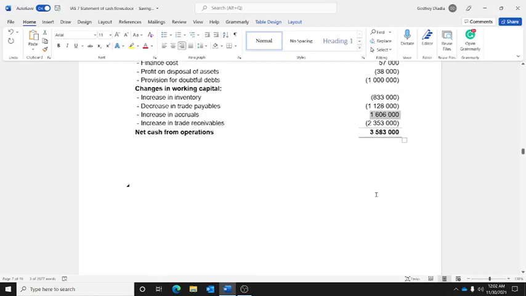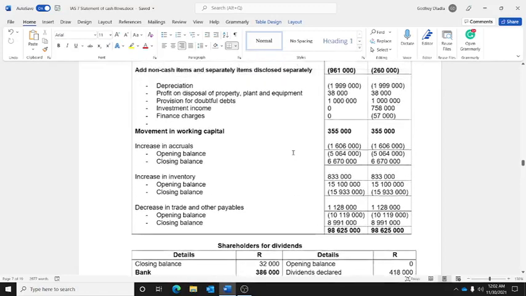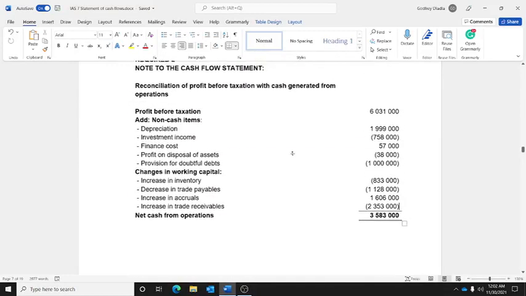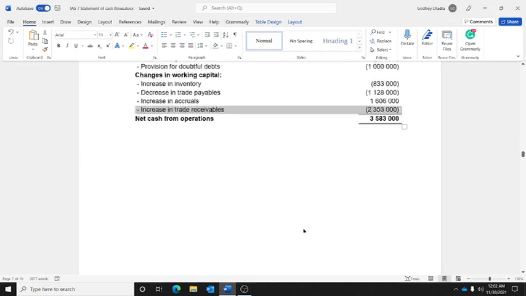Increase in trade receivables. That should be an inflow. Is it increasing? Let's check. Yes, our inventory is increasing. That should give us an inflow. No, this is trade receivables. What am I saying now? What is happening to trade receivables?